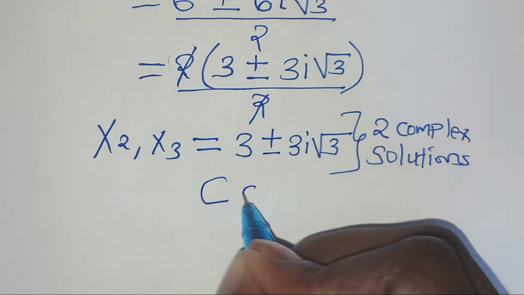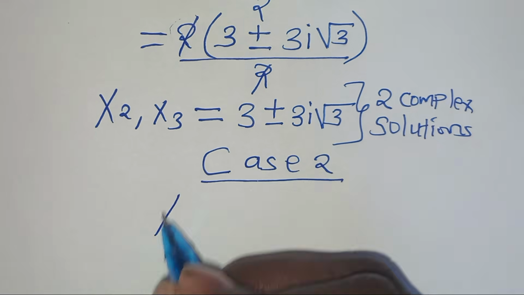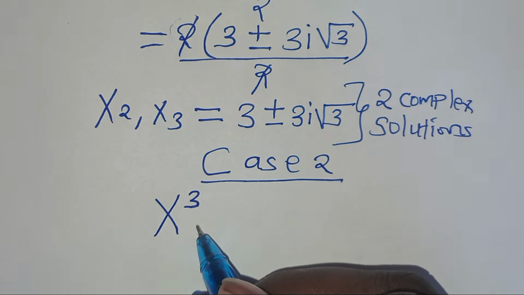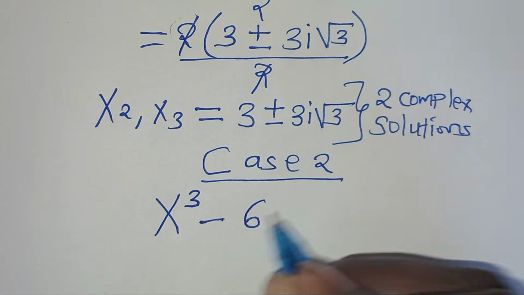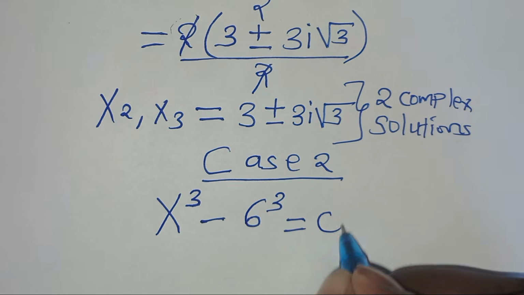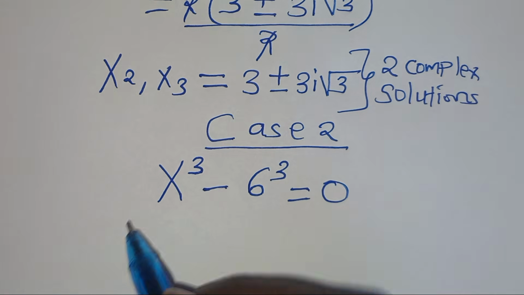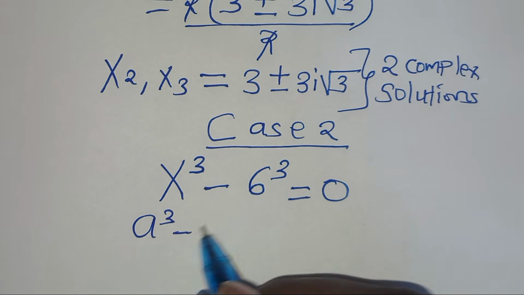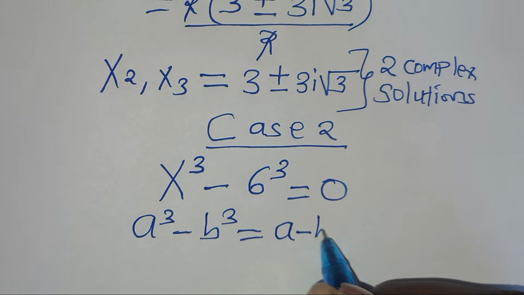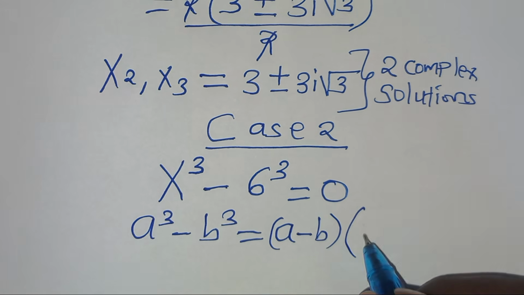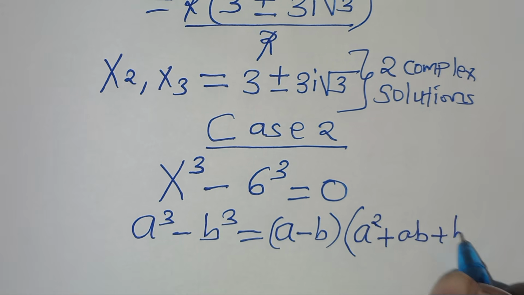So in case 2, we have x to the power of 3 subtract 6 to the power of 3. This is equal to 0. So this is the difference of two cubes that we can express as a to the power of 3 minus b to the power of 3, which we can express as a minus b, into the parentheses, a to the power of 2 plus a times b, then plus b to the power of 2.